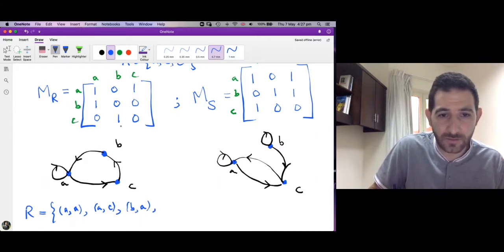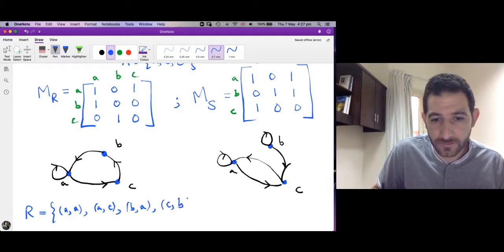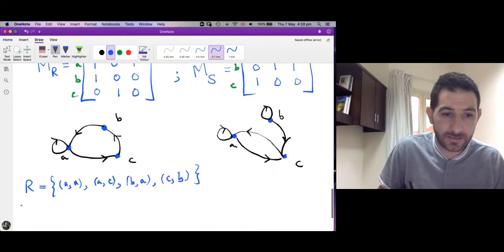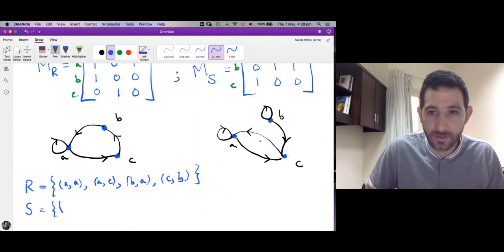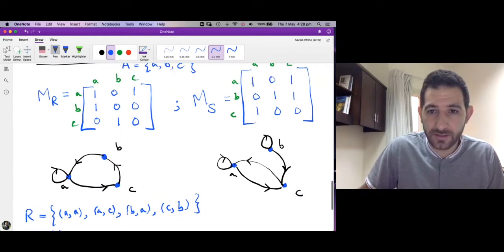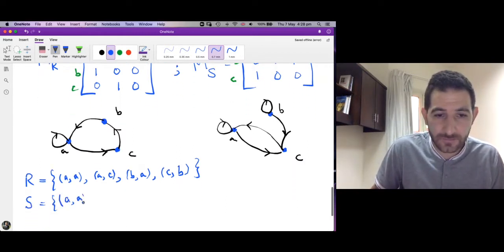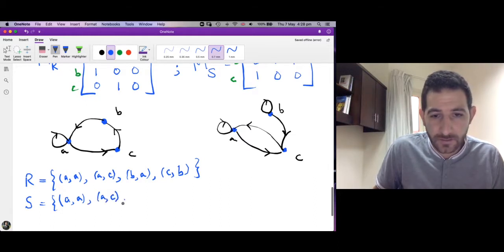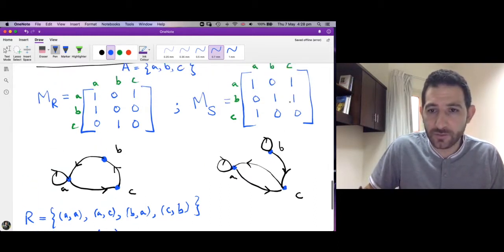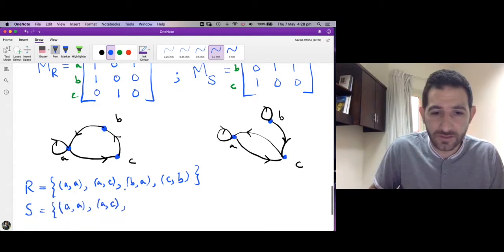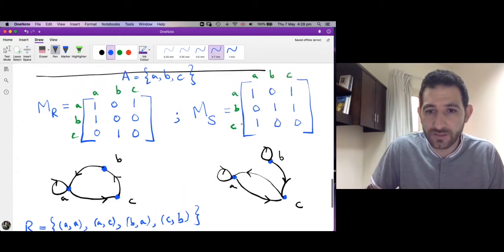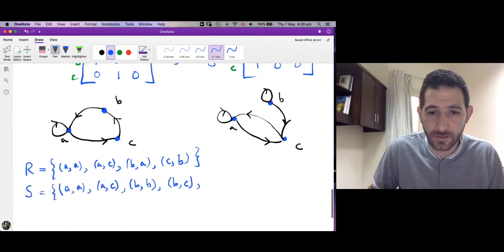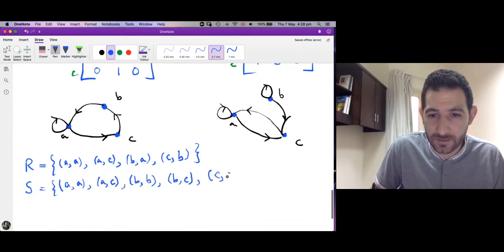This is the last one, CB. And S is the relation. What is S? From here we have A is related to A and A is related to C. What else? We have these two ones. B is related to B and B is related to C. And finally we have the 5th one, which says C is related to A.